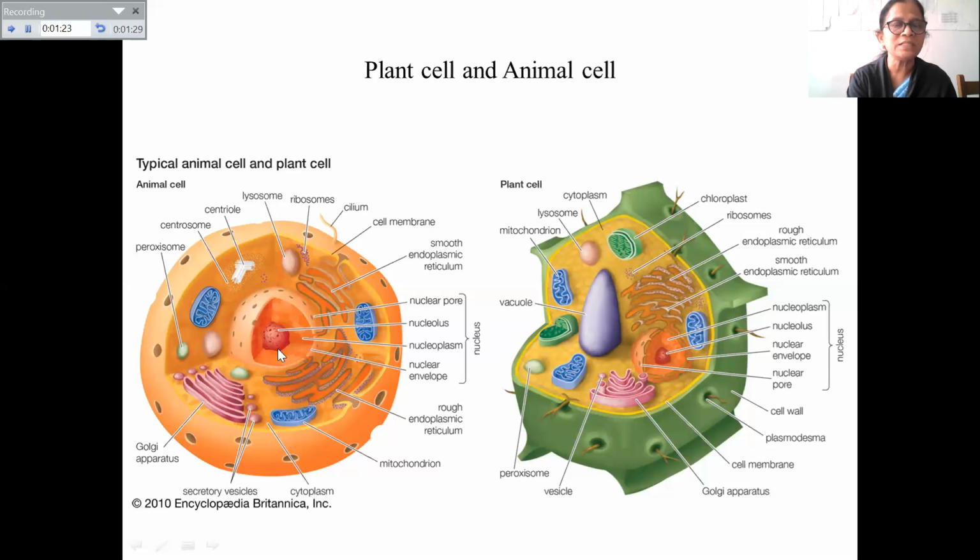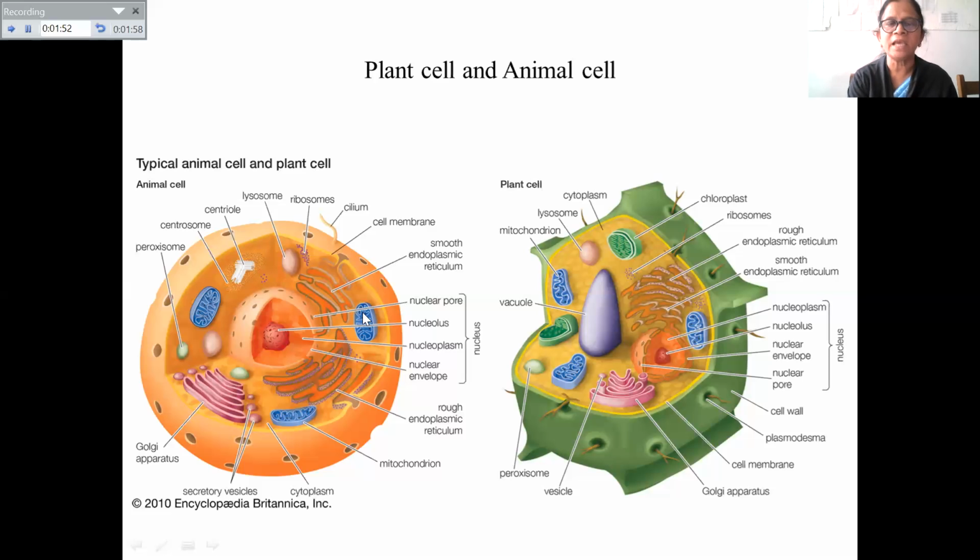But in animal cell, very small and temporary vacuoles are present, so there is no large vacuole in the center. Is that clear?